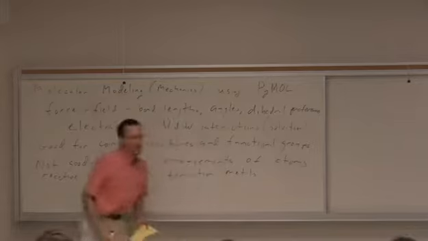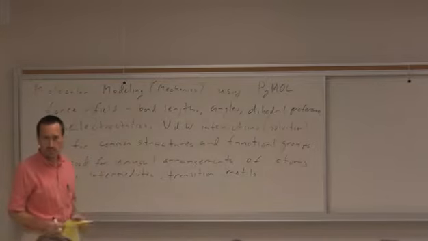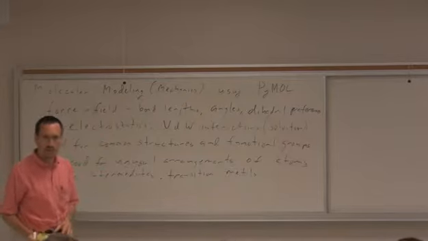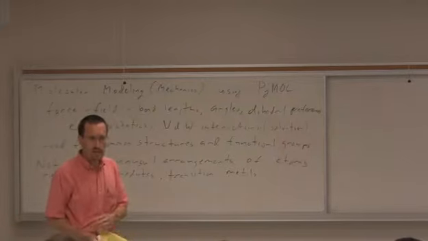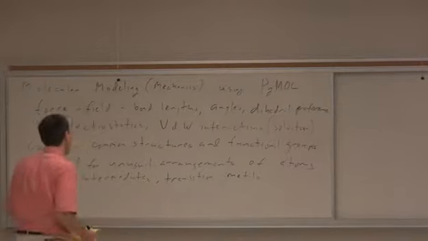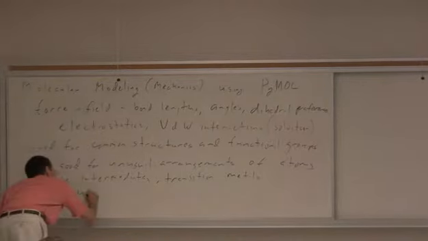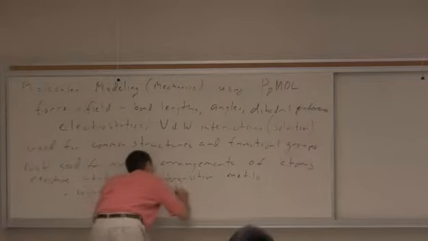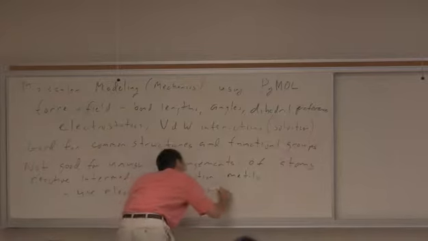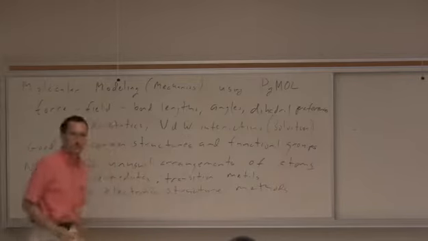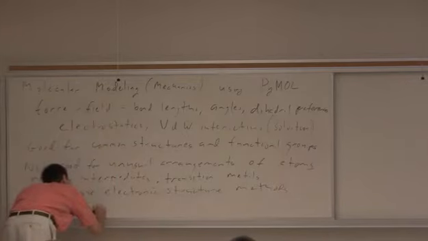And so if one wants to generate a realistic picture of species like these, like a biradical, or perhaps a very unusual functional group that's not something you'd find in a typical textbook, you would end up wanting to use other computational methods, specifically electronic structure methods, such as those found in Spartan or Gaussian or TurboMole.